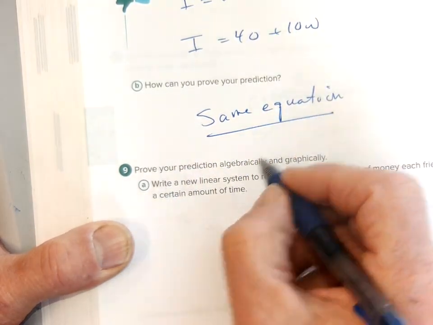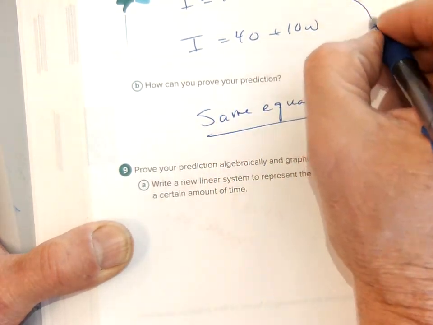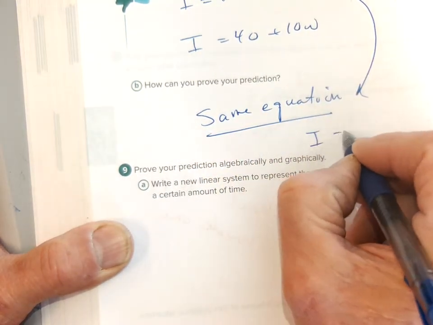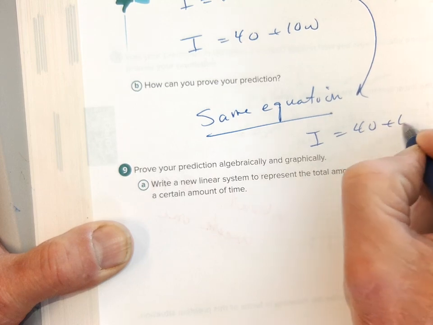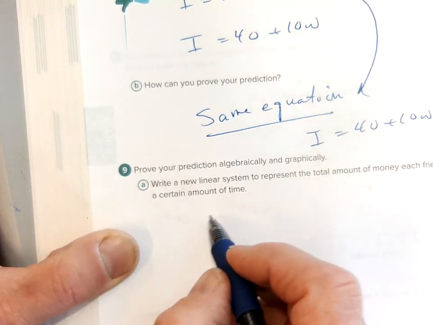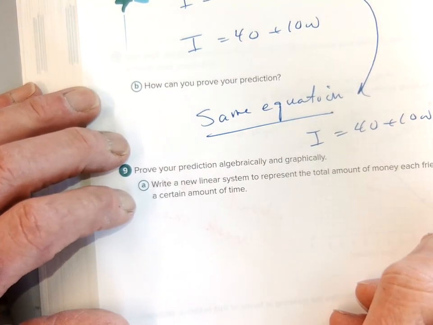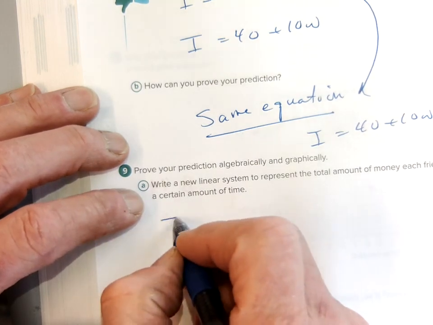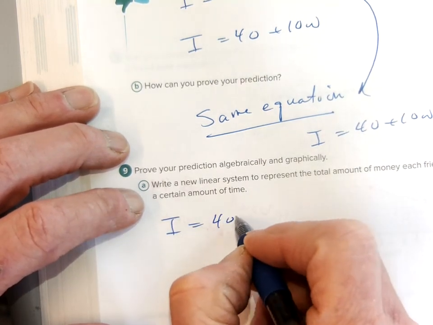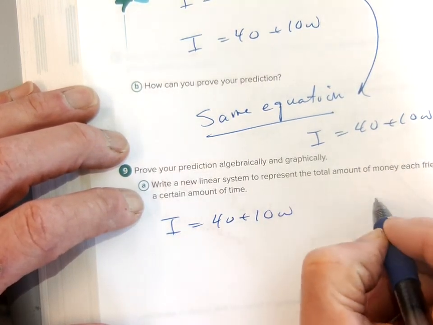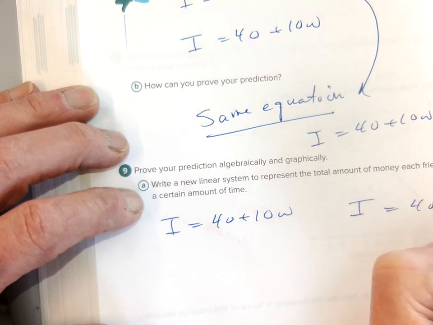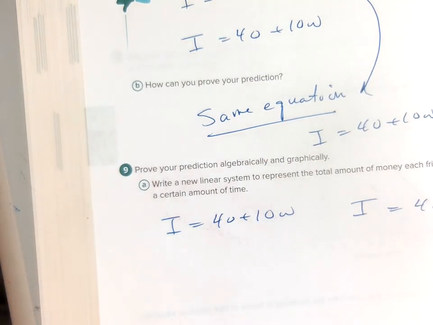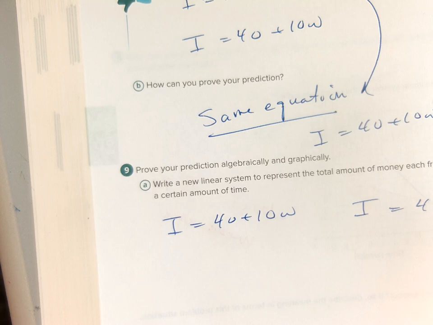I equals 40 plus 10W, and I equals 40 plus 10W. I don't need to solve it. It's obvious it's the same equation, they can save the same amount each week, okay?